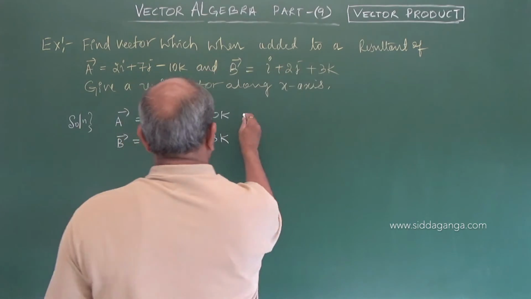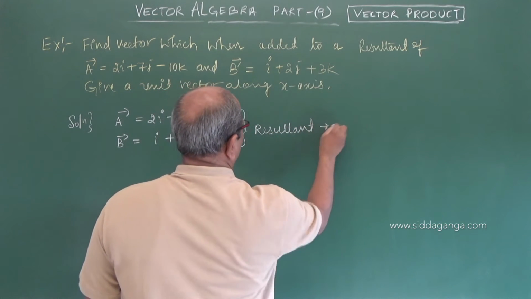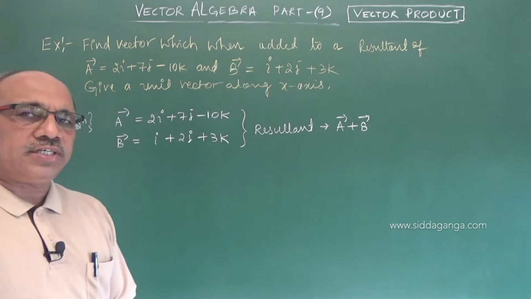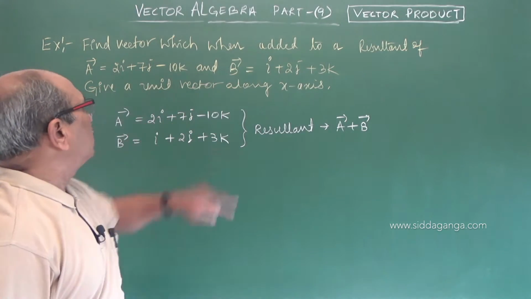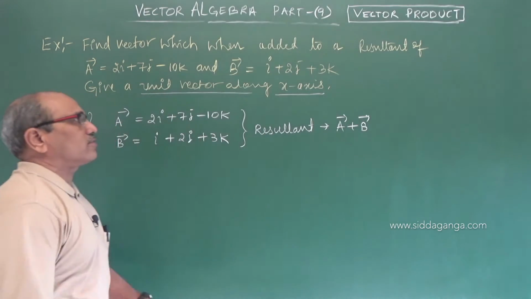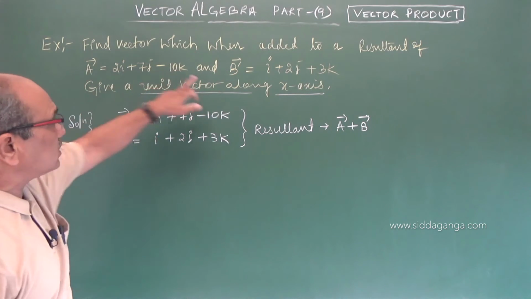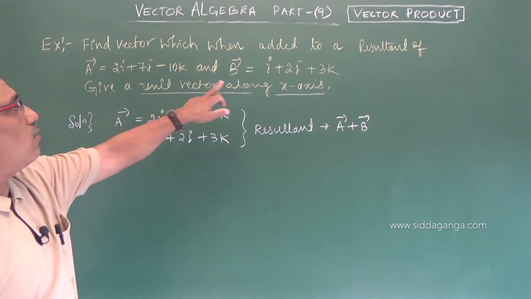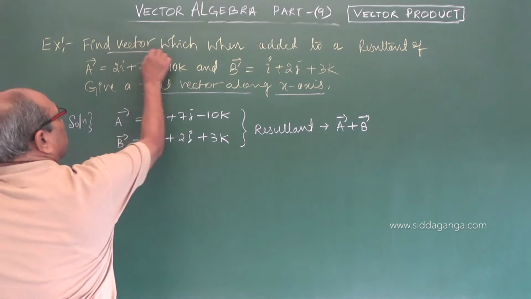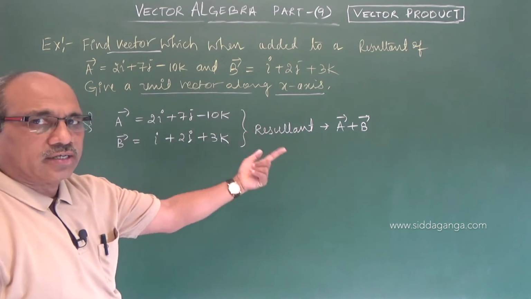The meaning of resultant here is A plus B. When added, the resultant of these two should give a unit vector along the x-axis. You have to find a vector.